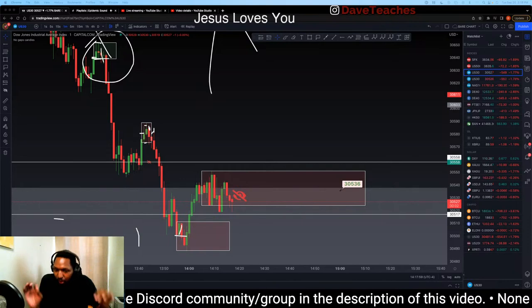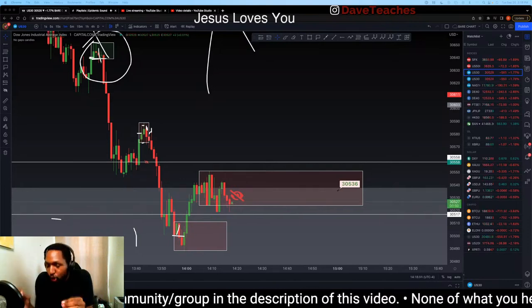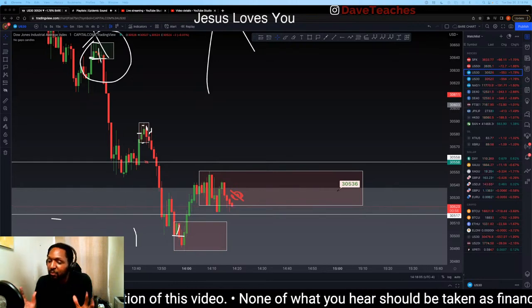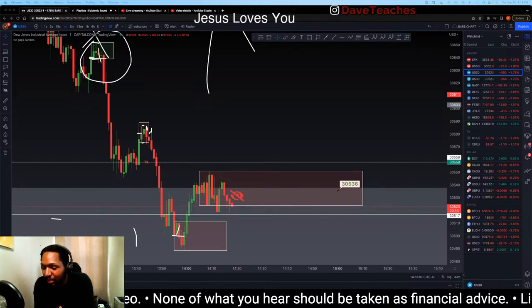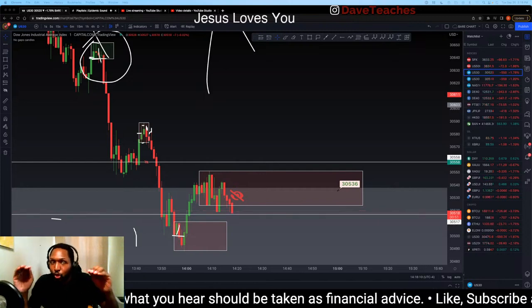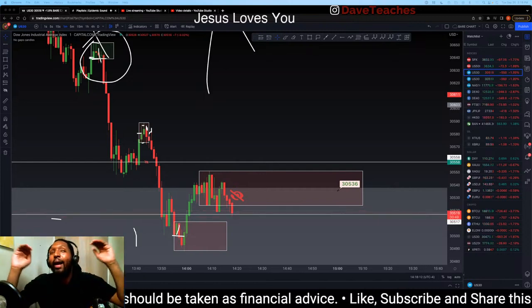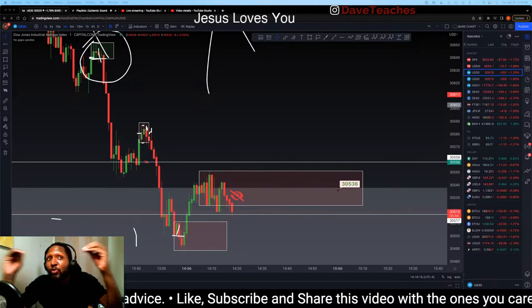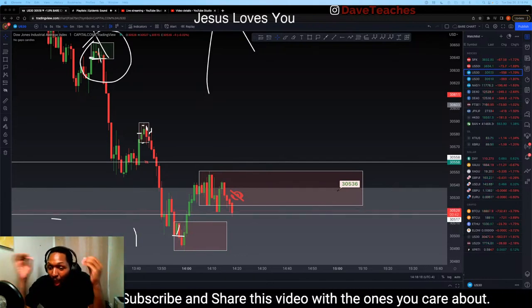Every single thing. If you can chart 2 fish and 5 loaves of bread, you better trade that to 5,000, because you can do this on everything.